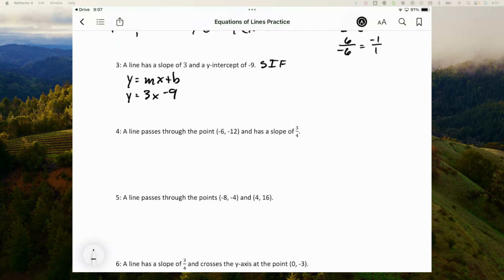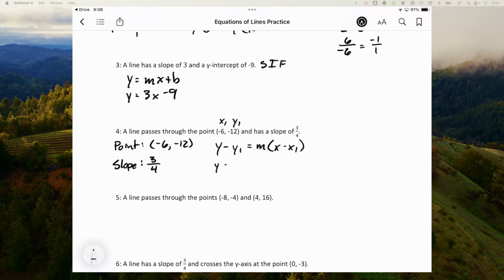The next two, we do have a slope and a point. So the point is negative 6, negative 12, and the slope is 3/4. We can go straight to the equation since we already have a slope, so y minus y1 is equal to m times x minus x1.